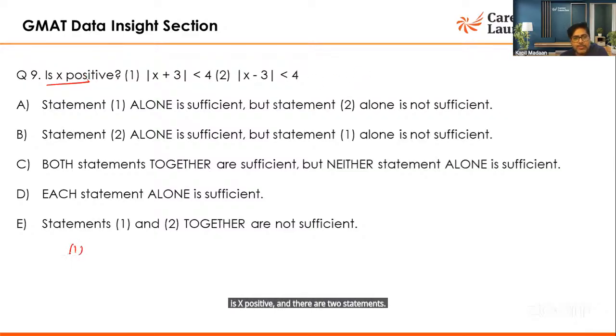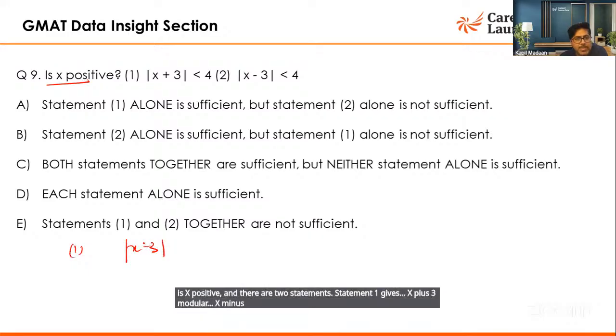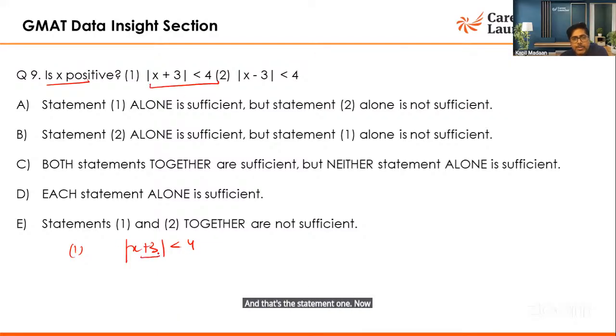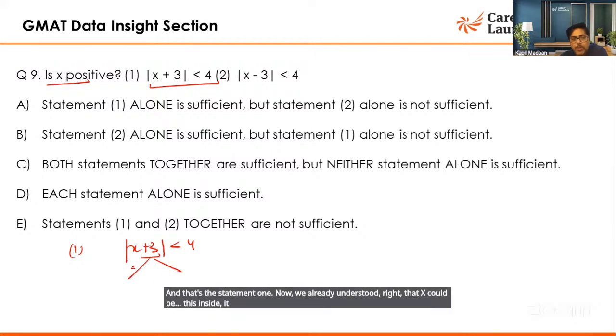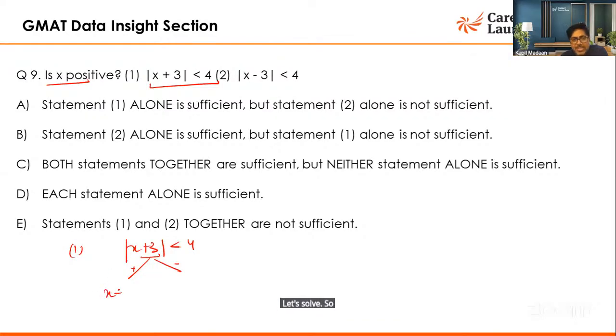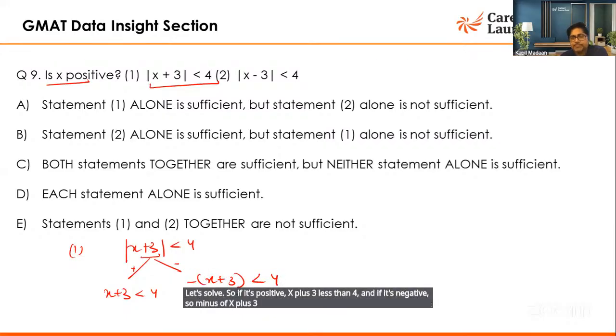Statement 1 gives mod of x plus 3 is less than 4. Right? That's statement 1. Now we already understood that the expression inside could be positive or it could be negative. Let's solve. If it's positive, x plus 3 is less than 4, and if it's negative, minus of x plus 3 is less than 4.